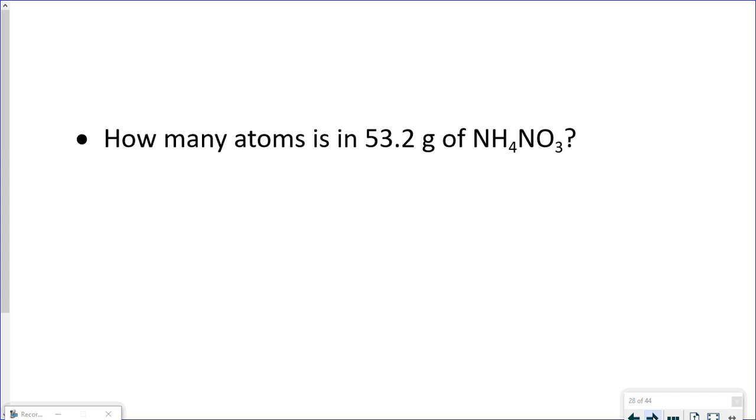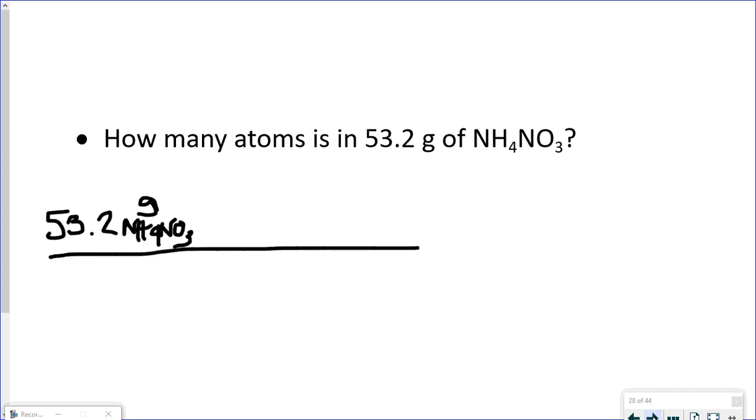So we're going to start with the 53.2 grams of ammonium nitrate. We're looking for atoms or particles, so we no longer need grams. It will go in the bottom of our next step to change into moles. So since we need grams, we need molar mass, so we are going to add that together.